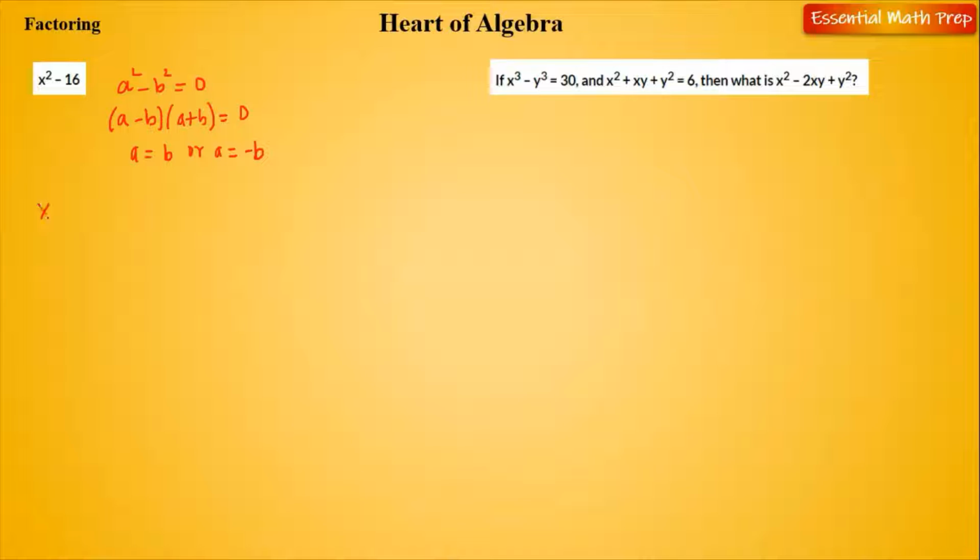If we use our background knowledge of squares, then we know 16 is nothing but 4 squared, right? So x squared minus 4 squared mimics a squared minus b squared. Then we can write x minus 4 times x plus 4 equals 0. Hence, x is equal to plus 4 or x equals minus 4.